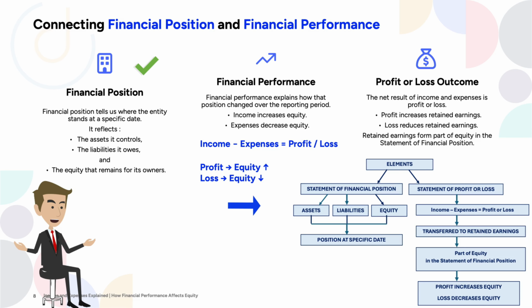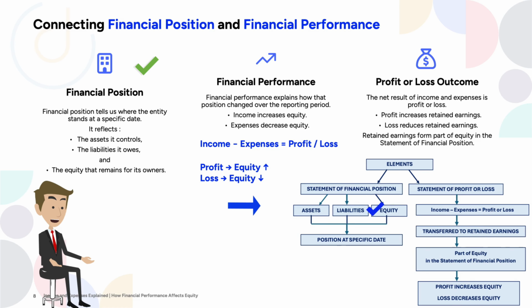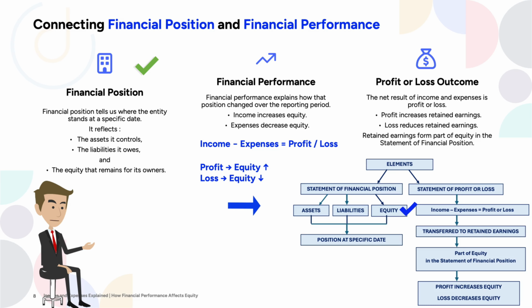Financial position tells us where the entity stands at a specific date. It reflects the assets it controls, the liabilities it owes, and the equity that remains for its owners. On the other hand, financial performance explains how that position changed over the reporting period.